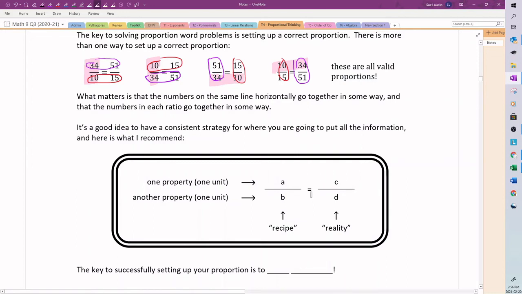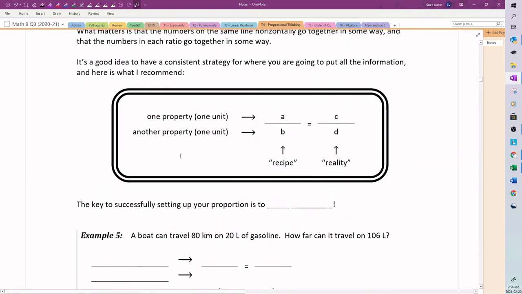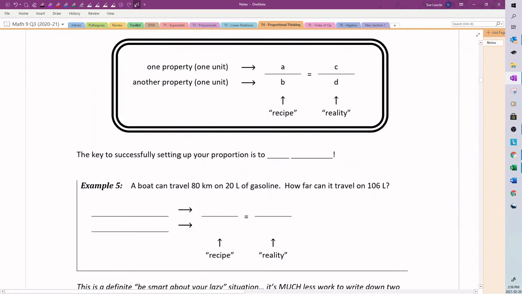When things have different units, that makes it really easy: you put one unit on the top line and the other unit on the bottom line. The key to successfully setting up your proportion is to use words, or at least letters. It makes life so much easier.